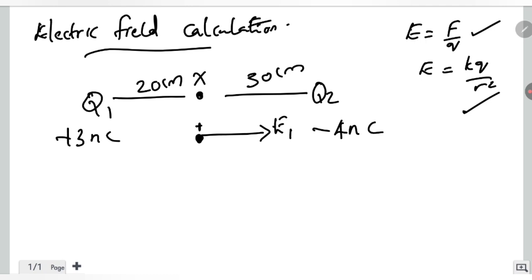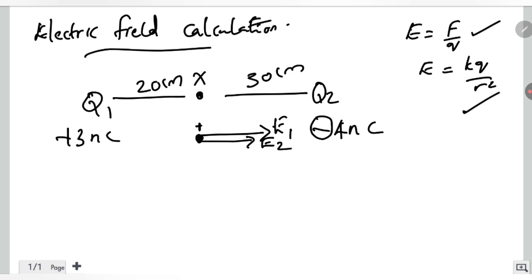Now let's look at q2. q2 is negative, our point is positive, so positive and negative is attraction. The point is attracted to q2, so that means it is towards q2, which is also to the right.